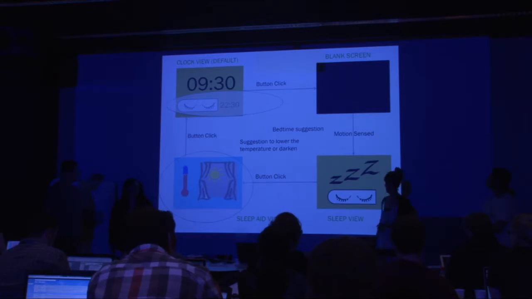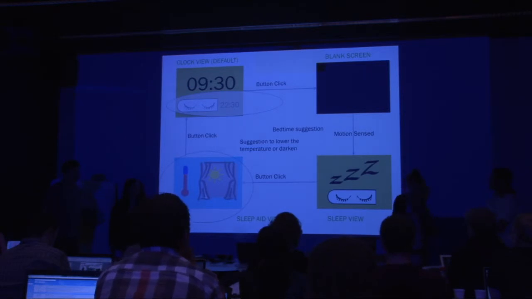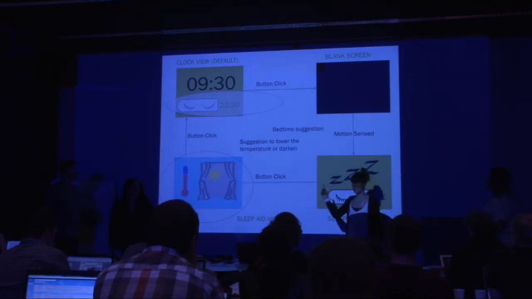When it tracks some motion, which means that you're waking up, it shows the sleep view, and then you can either turn over and continue sleeping, or if you can't fall asleep, you can click the button and it displays some suggestions according to your profile.